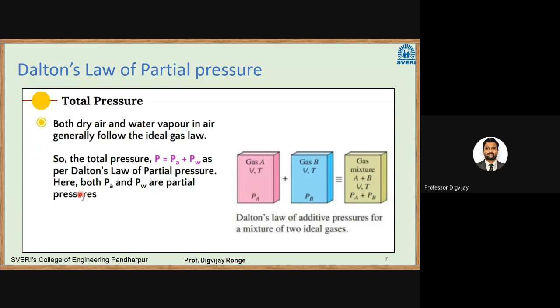Dalton's law of partial pressure is applicable to all gaseous mixtures. If I apply that law to moist air, which contains dry air plus water vapors, the total pressure in a moist air mixture will be the summation of the partial pressure of dry air plus the partial pressure of water vapors.